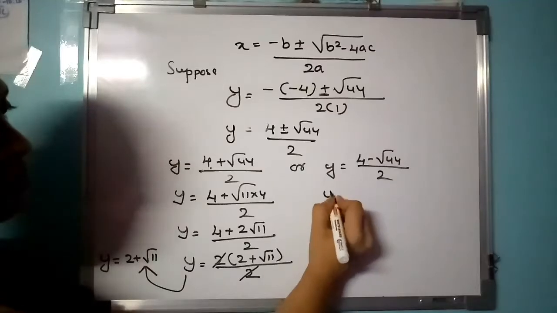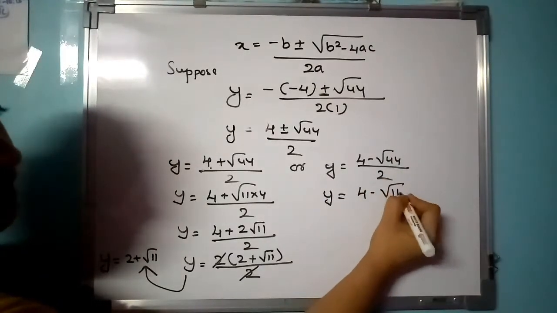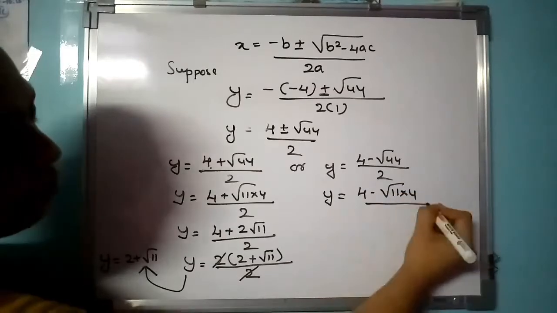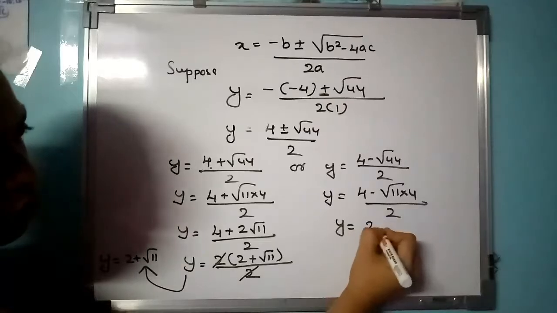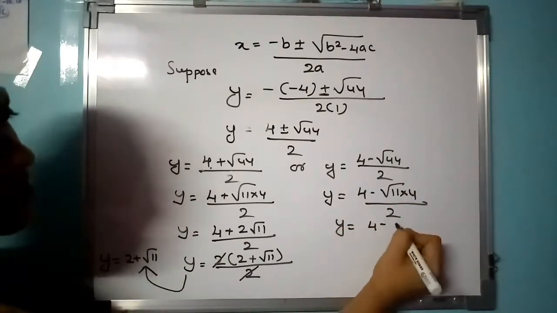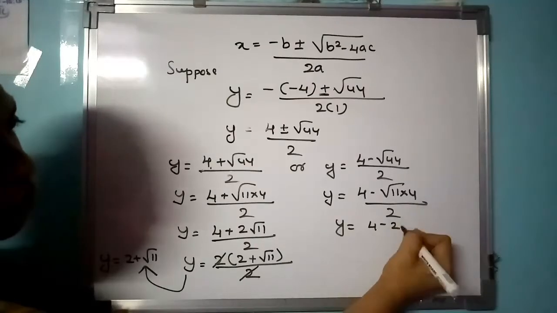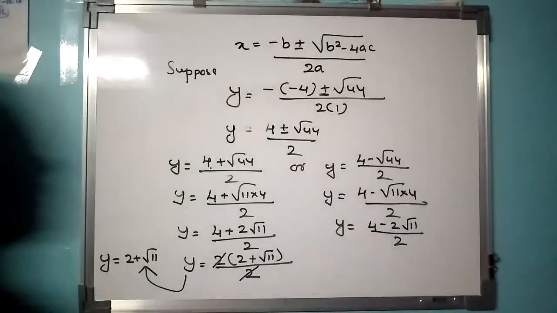Similarly, on the right hand side, y is equal to 4 minus under root 11 into 4 upon 2. So let's take out first 2 as common. Under root 4 means 2 and root 11 as it is upon 2.